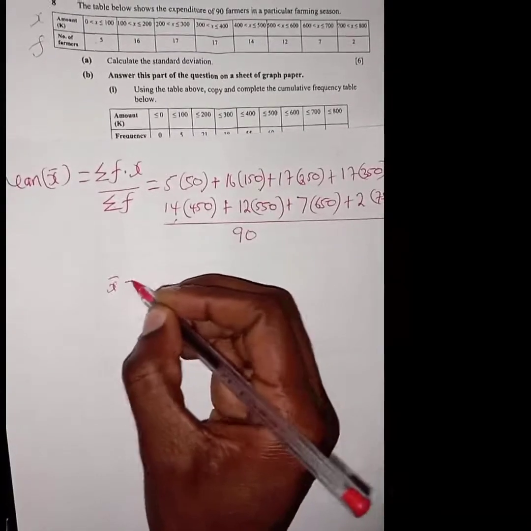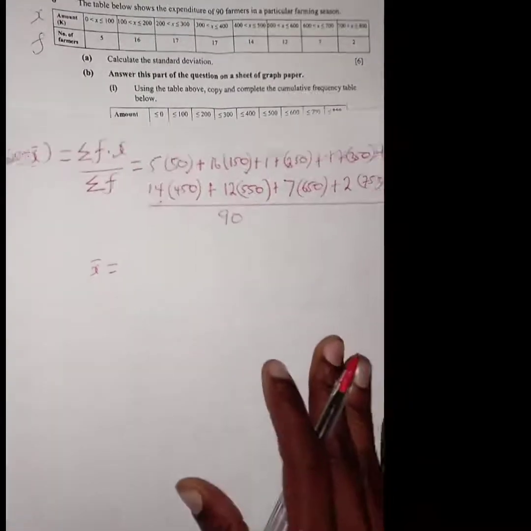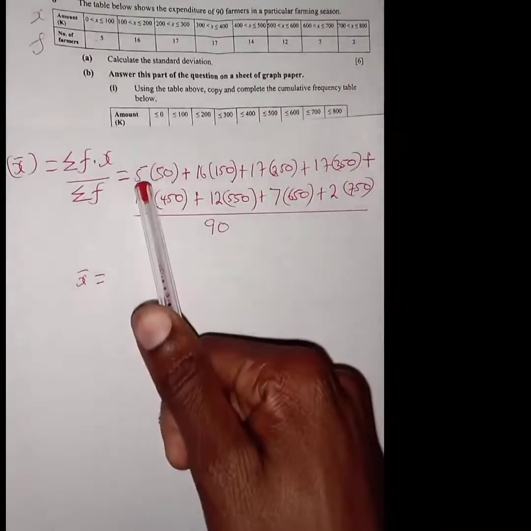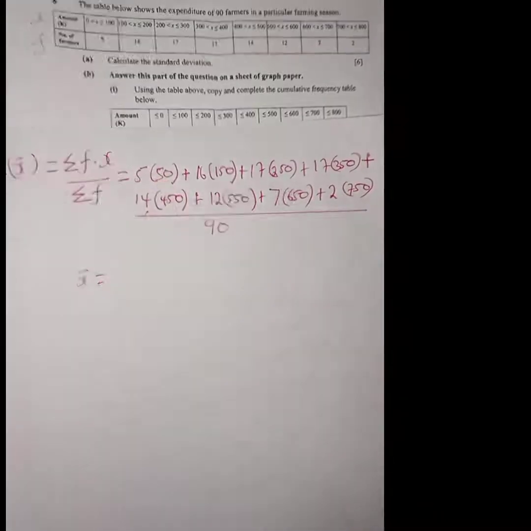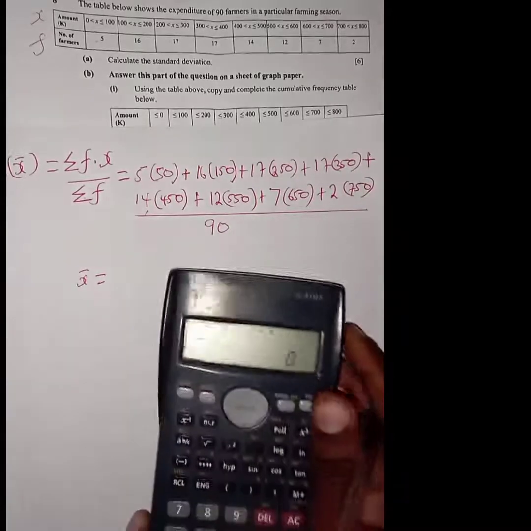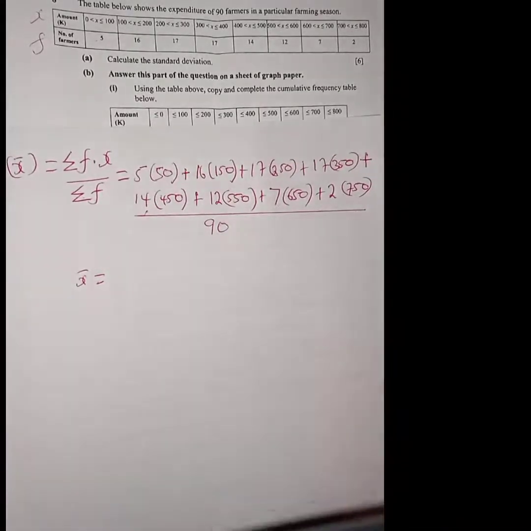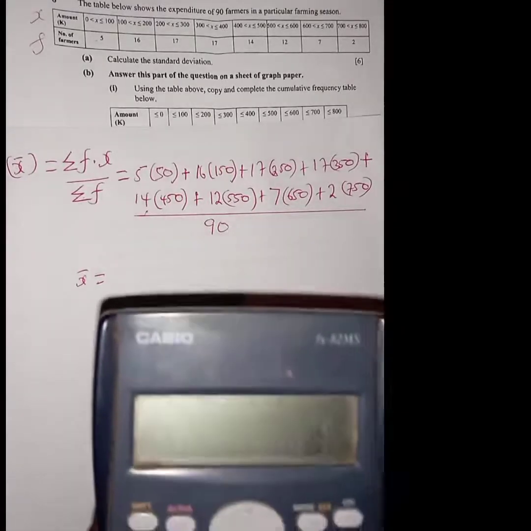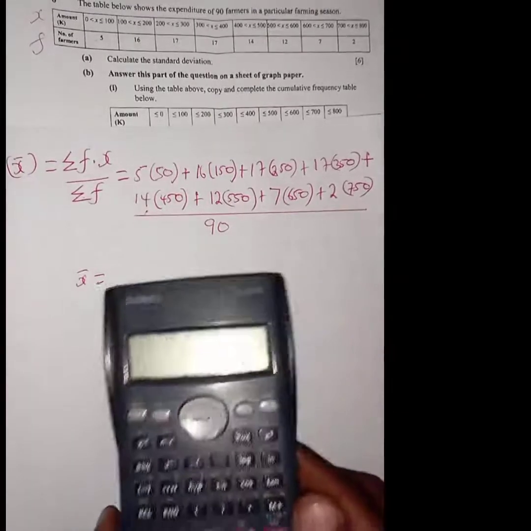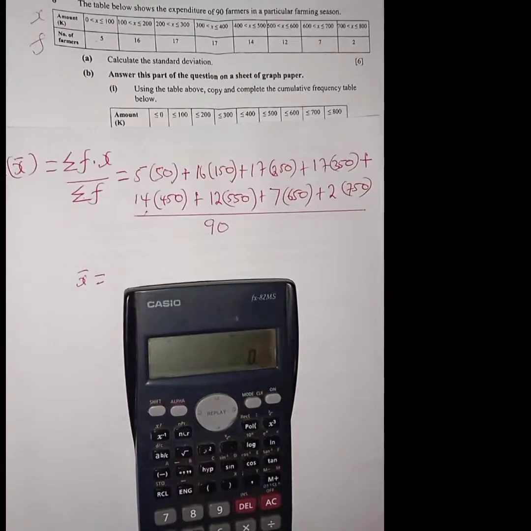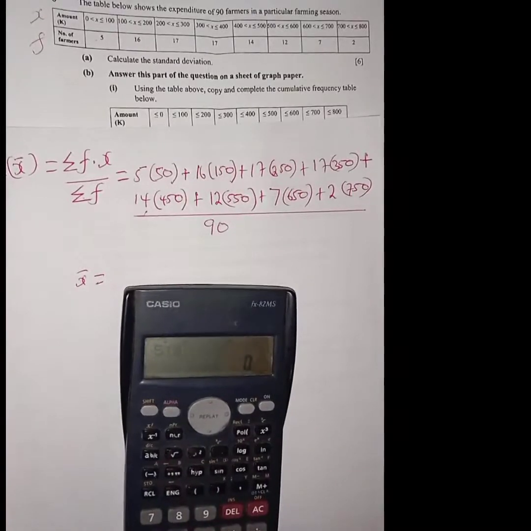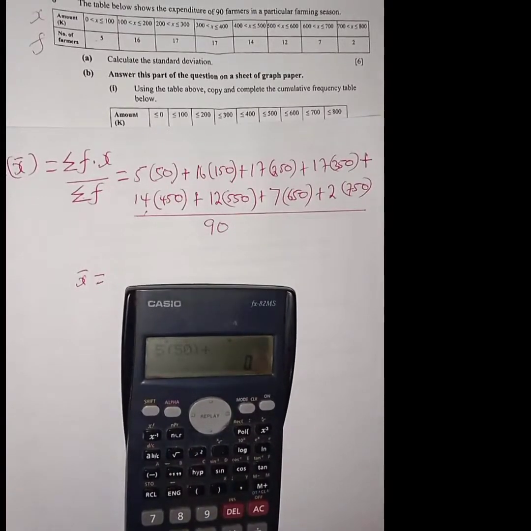So now you can simplify further. So x bar is equal to, meaning the mean is equal to 5 times 550. So if you want, you can just put this in brackets. Let me show you. You can just punch it the way they are with brackets, plus 16 with brackets. So make sure you counter check 550, 16 in brackets.